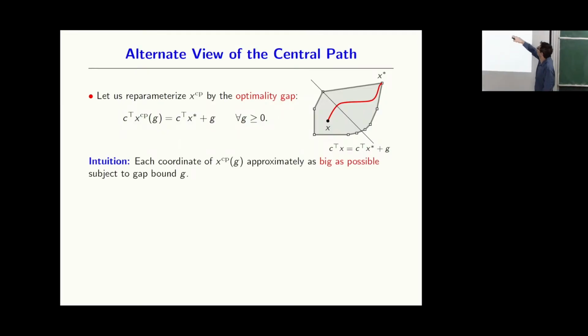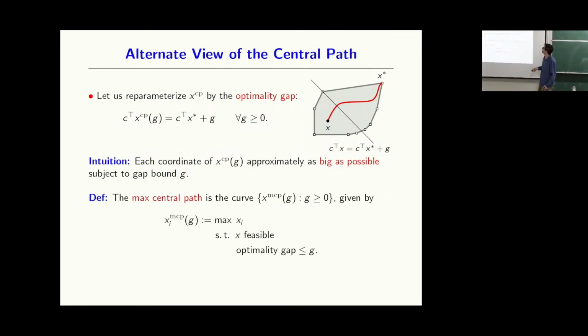It turns out that points on the path are basically as deep inside the feasible region as they could possibly be, subject to having the objective value that they have. Okay, so what does that mean? What does it mean to be deep inside?